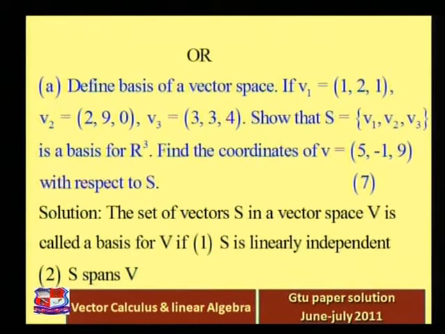But here, to prove that this set of 3 vectors is a basis for R3, we use one theorem, and using that theorem it's quite easy to solve this example.